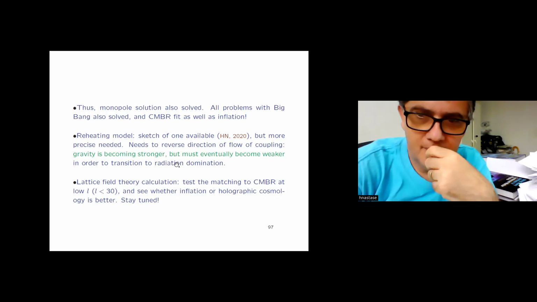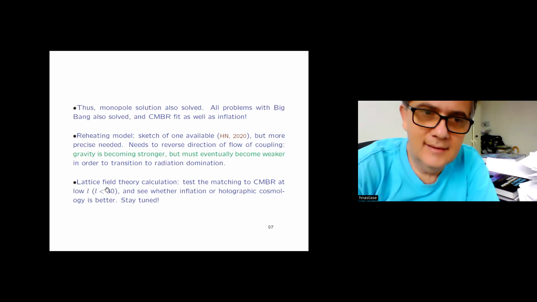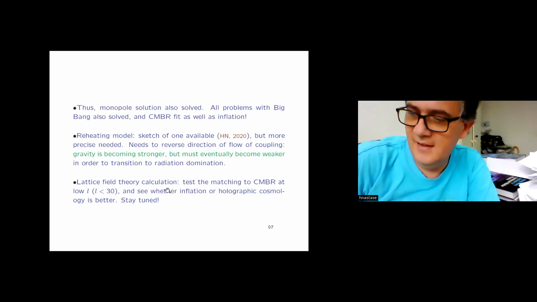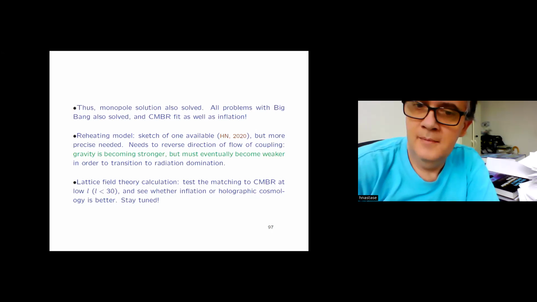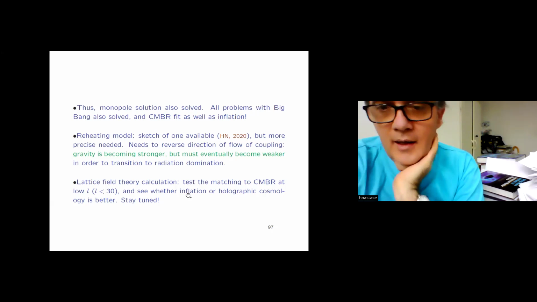I sketched how one can do things in this paper, but there are many things that are not complete there. And finally, I told you that there is the lattice field theory calculation that is ongoing for some time now, but these things take time, by the lattice group that contains Kostas Skenderis.